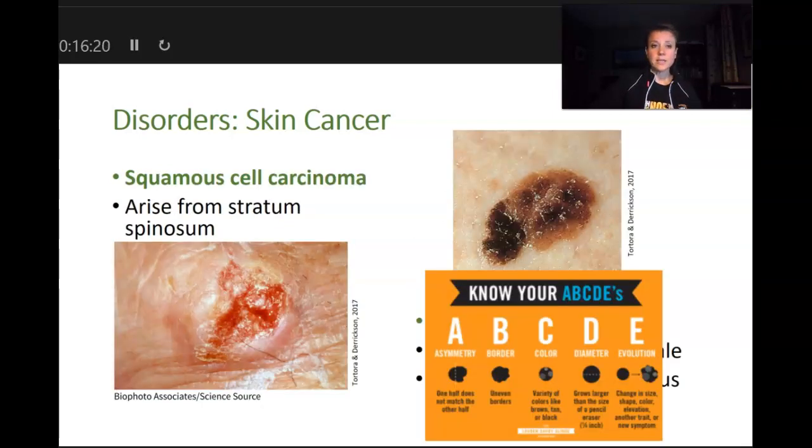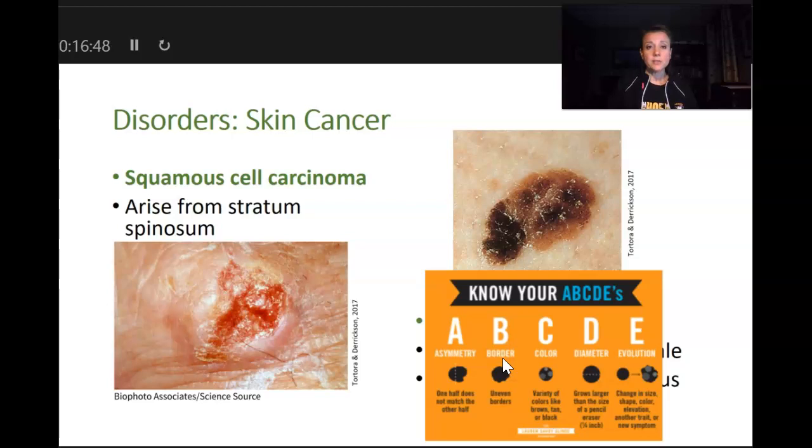Our next type of carcinoma is squamous cell carcinoma, and this kind of carcinoma arises in the stratum spinosum. This kind of cancer can be found anywhere on the body, not only in places where the skin is exposed to excessive ultraviolet radiation.